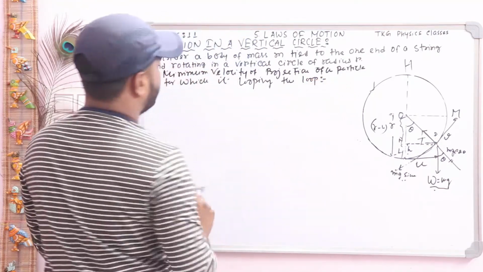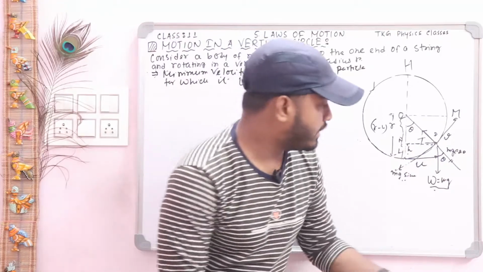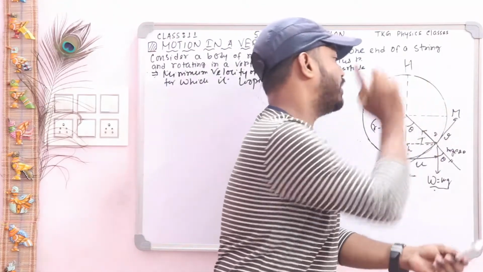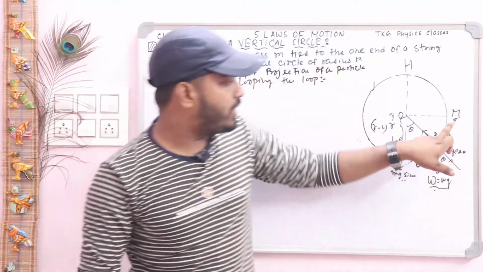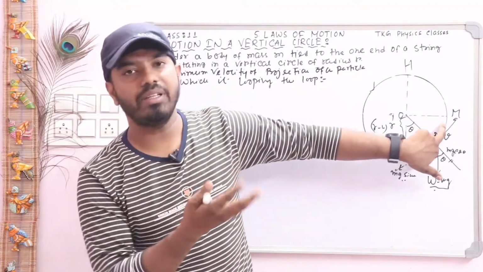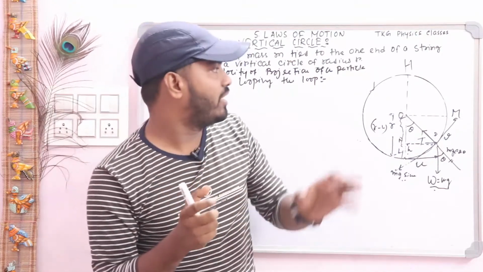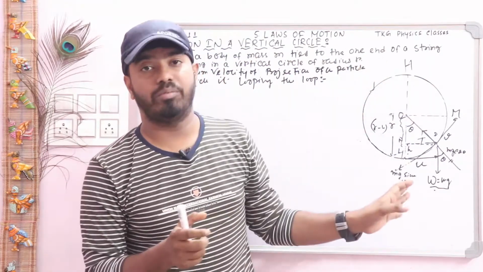Okay, now see, the body is going this way. When the tension T at this point is 0, the body will slacken. So what is the condition when the body completes the loop?